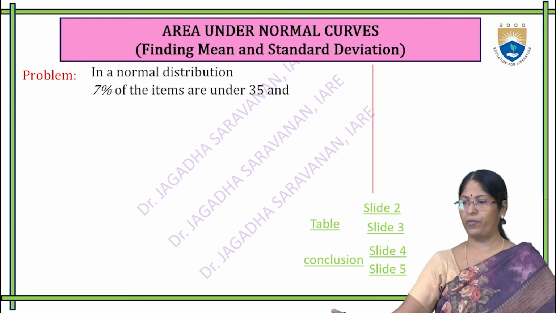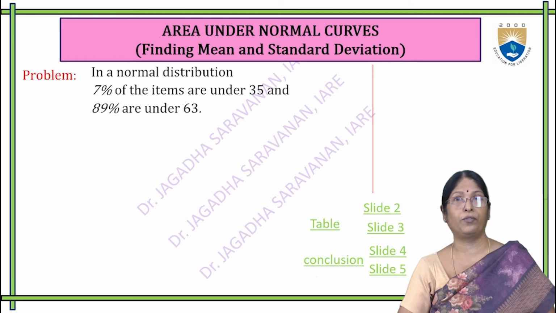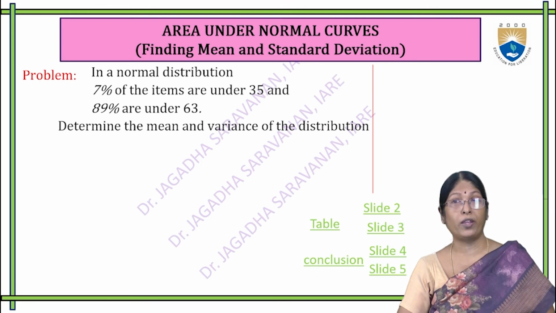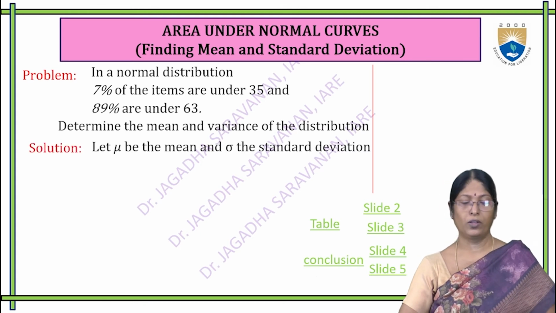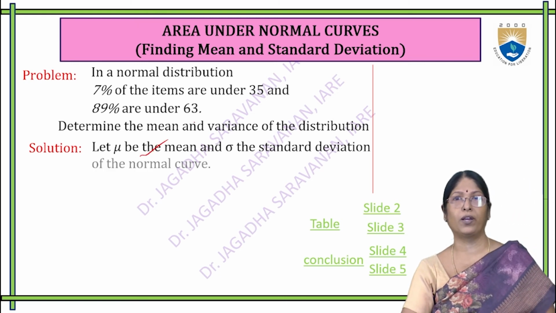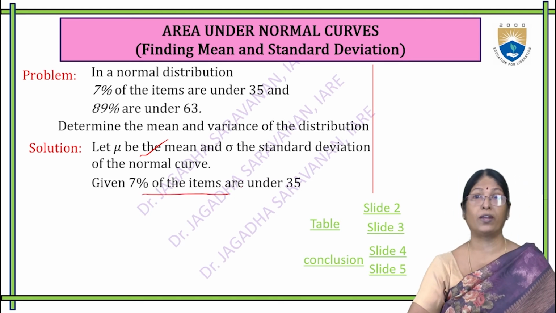Yeah, the next problem we can focus on here. In a normal distribution, 7% of the items are under 35 and 89% are under 63. Determine the mean and variance of the distribution. In the same way, mu is the mean and sigma is the standard deviation. 7% of the items are under 35.